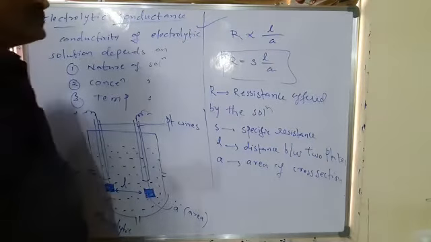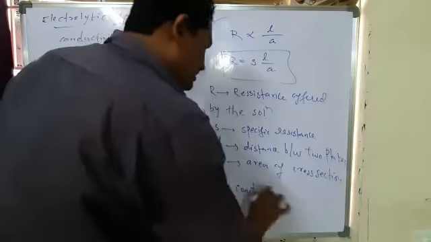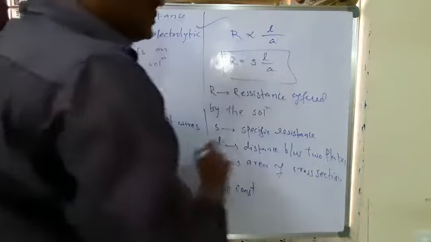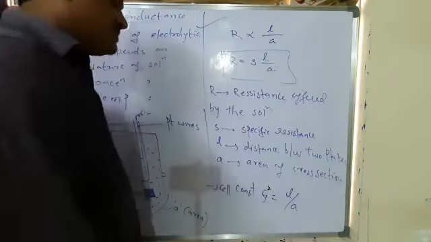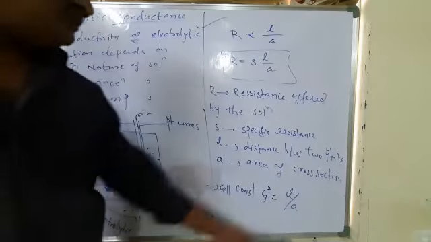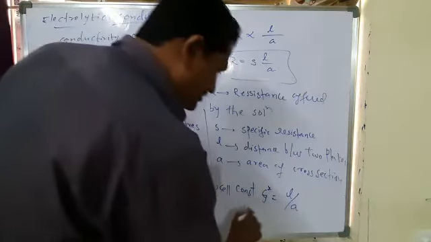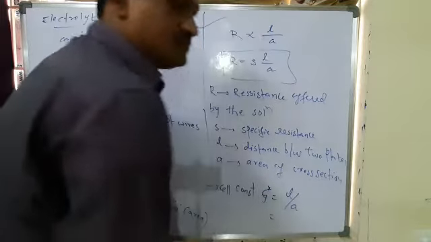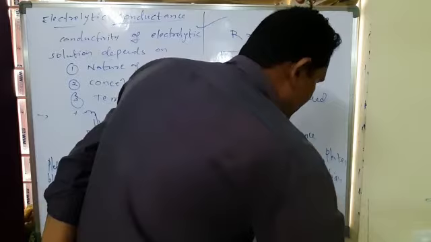Now the ratio of the distance between the two plates to the area of cross section, L by A, is called the cell constant, G star. The units of the cell constant: length is in centimeters and area in centimeter square, so centimeter by centimeter square gives centimeter inverse in CGS units, or meter inverse in SI units.